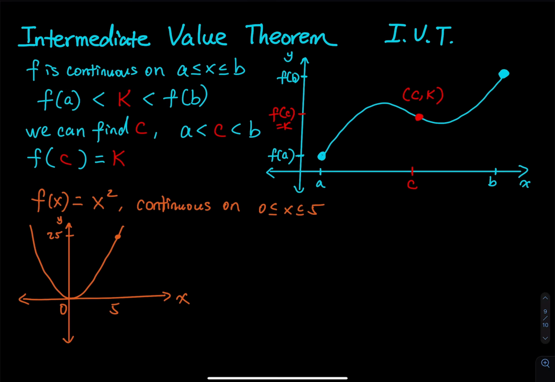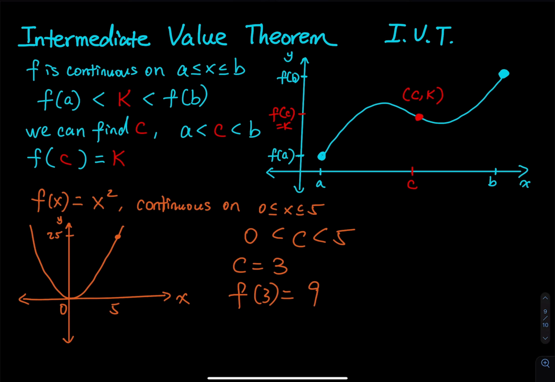Right? So let's say I can pick a value k, and c is between 0 and 5. Let's say c is equal to 3. Just pick one. c is equal to 3, and then f of 3 is equal to 9.